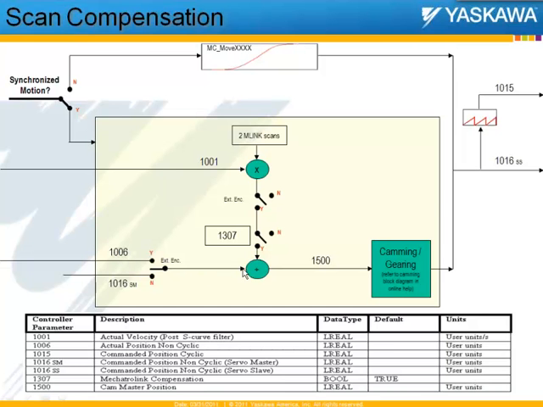a compensation, 1307 compensation, is used so that 2 M-link scans worth of compensation is added to that position, such that whatever command goes into the camming or gearing block now has a compensated value.